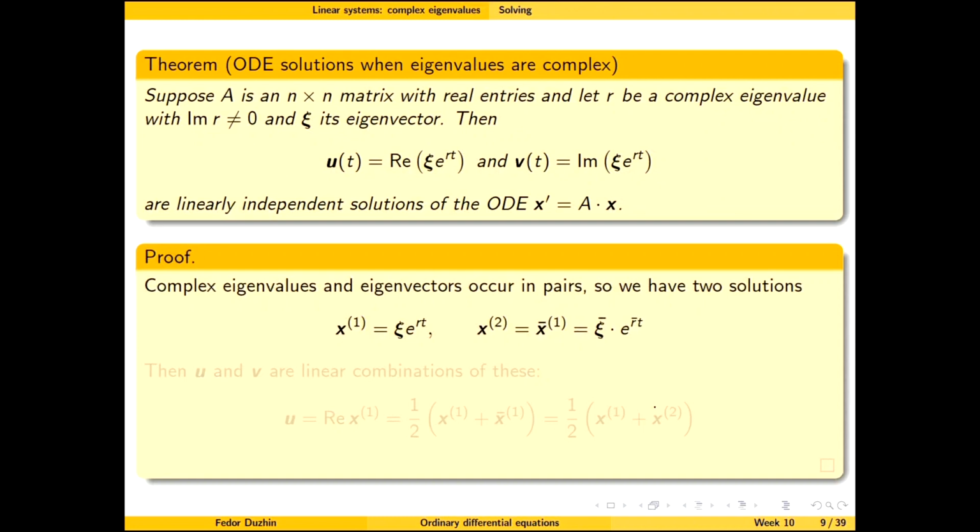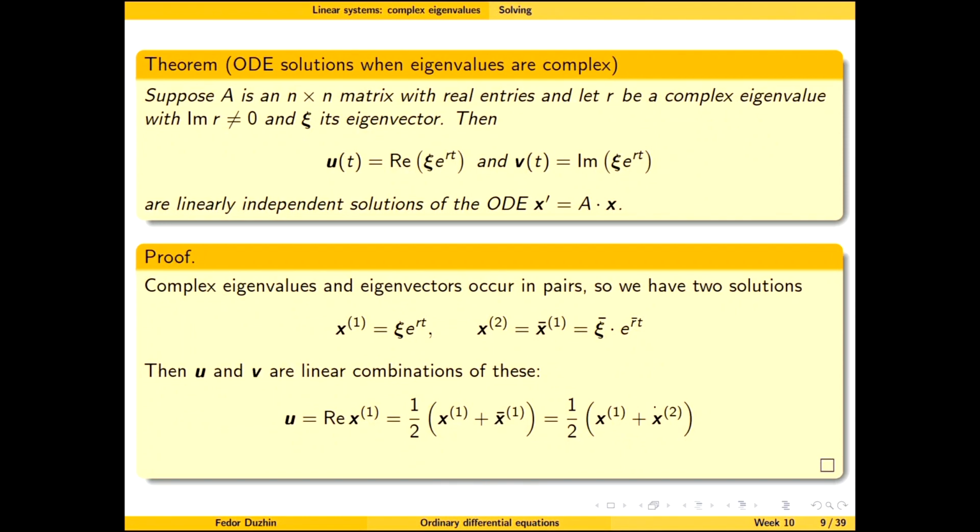Now to prove it, we're going to do a little trick. The little trick is that we can express this real part and the imaginary part of the complex valued solution as linear combinations of the two complex valued solutions.